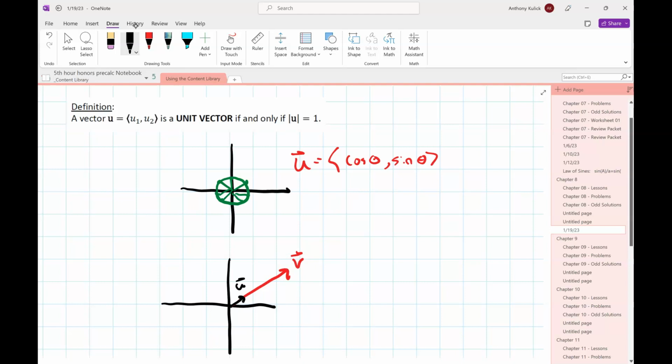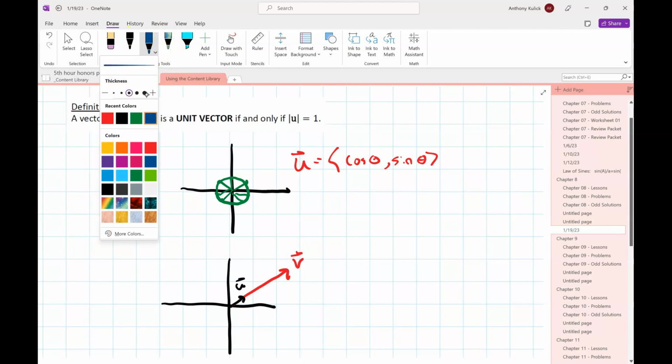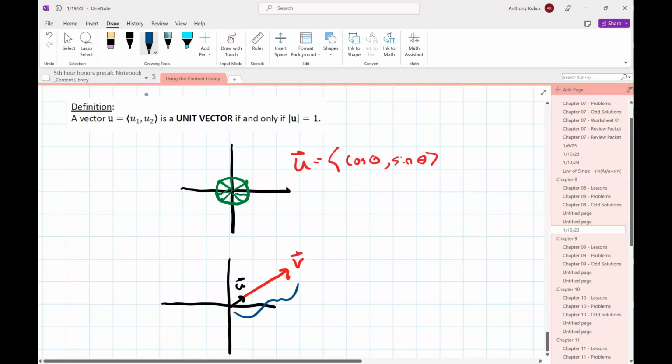Okay. So what scalar would I need to multiply v by to end up at u? What's the length of v? It's that, right? What would I need to multiply that by to turn it into 1? Its reciprocal. 1 over the magnitude of v.